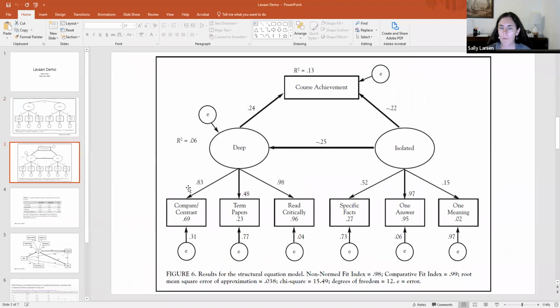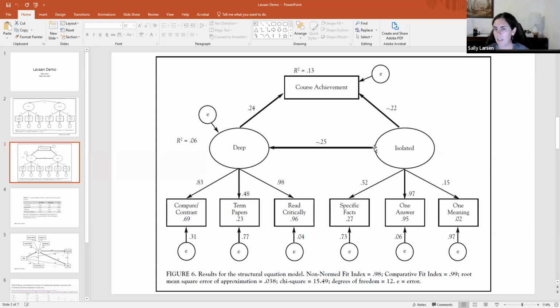So we'll run through the next example because it's the same model, but what we're doing is almost building a mediation model into the wider structural equation modeling framework. What we have here is this course achievement overall variable, and we're using deep learning and isolated learning to predict course achievement.